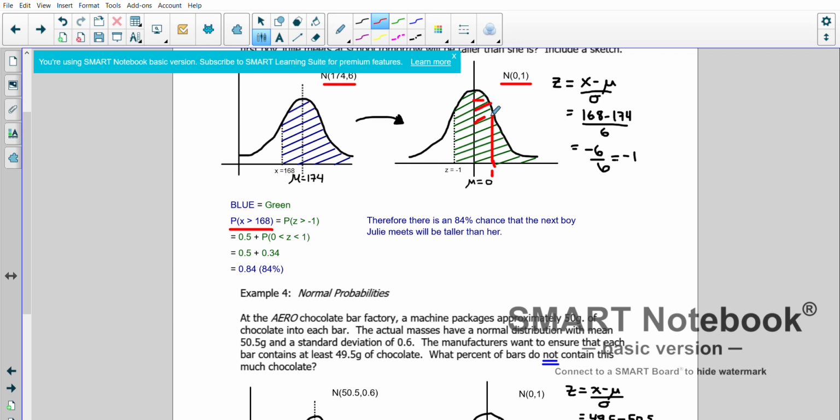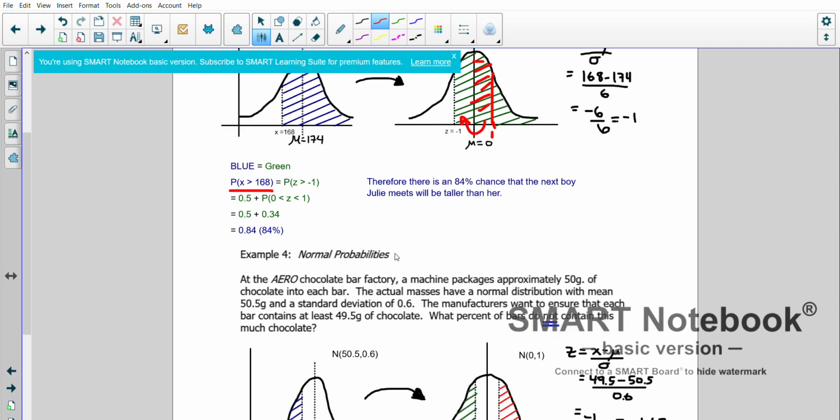I'm going to get this piece, which will equal this green slice over here, add that to 0.5 and get my total. So looking that up on the table, you get approximately 0.34. So there's about an 84% chance that the next boy she meets will be taller than her.